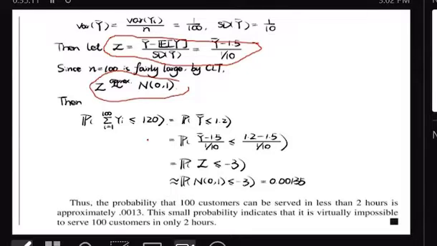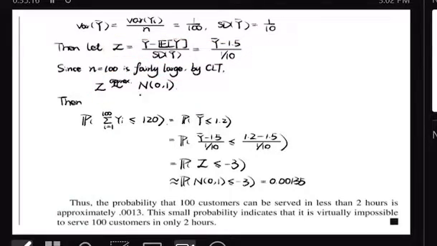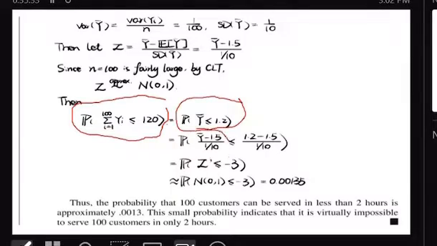If I want to find the probability, don't forget what I want is the probability that the summation of y is less than or equal to 120, which is the same as the probability that y bar is less than or equal to 1.2. So all I'm going to do is plug in 1.2 in that.